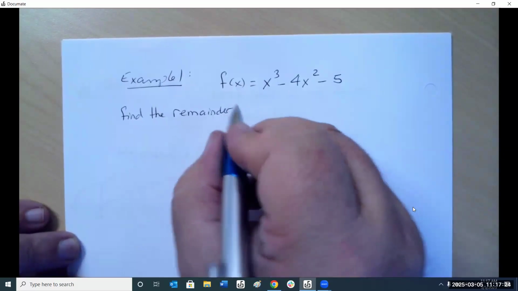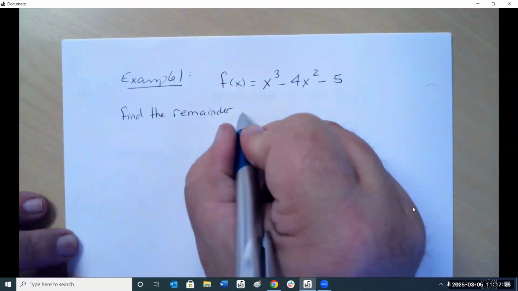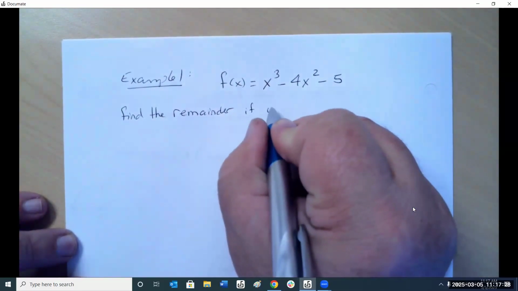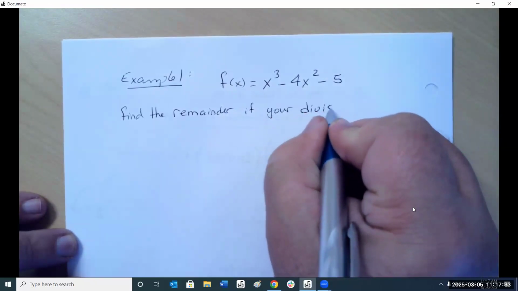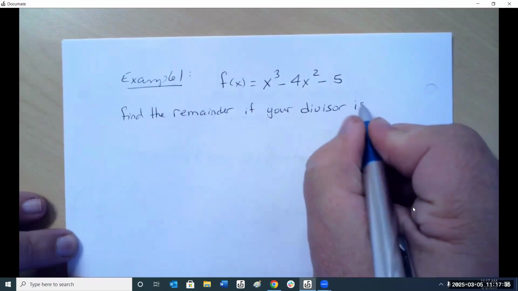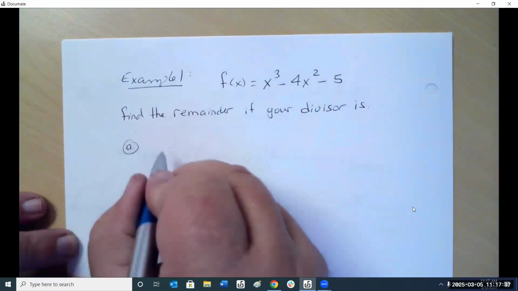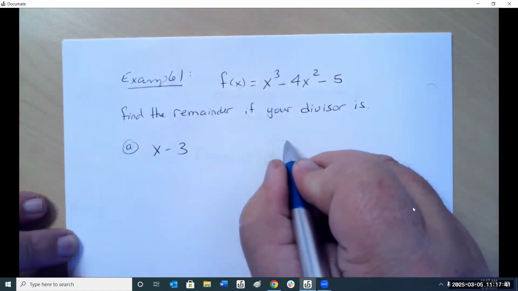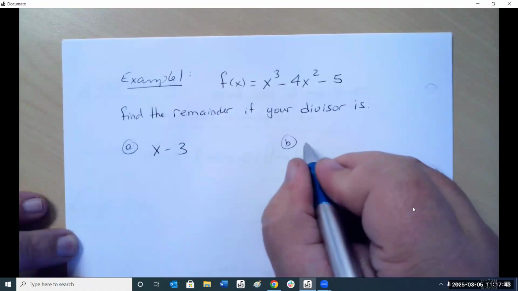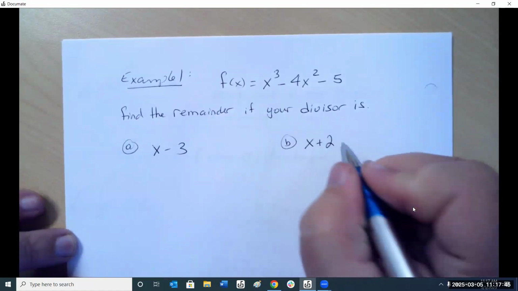Find the remainder if your divisor is x minus 3 and then x plus 2.